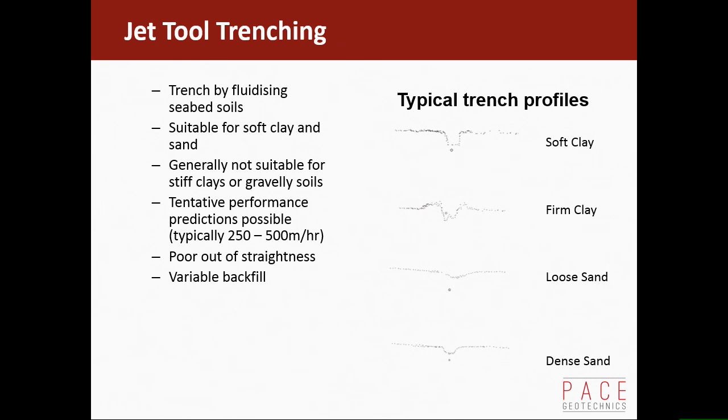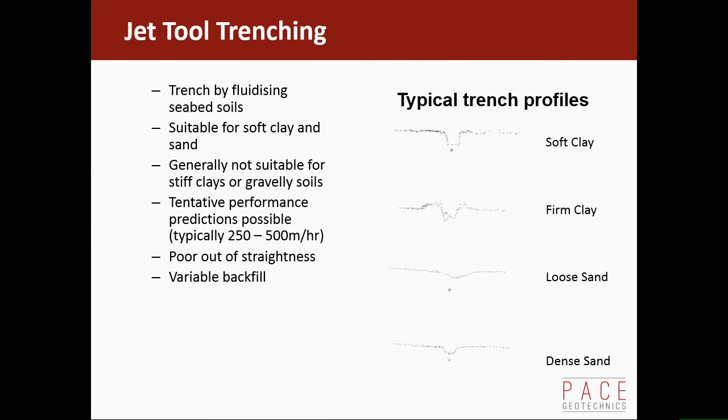There's some example trench profiles. You can see in soft clay, if you're having to educt material out, that's the sort of profile you get where you've got a nice vertically sided trench with a little bit of backfill, a little bit of slurry over the pipeline, but not a lot.